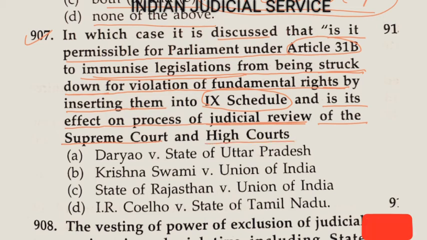So clearly the answer is option D, I.R. Coelho versus State of Tamil Nadu, 2007, and this case is directly related to Schedule 9. So the answer here is option D.